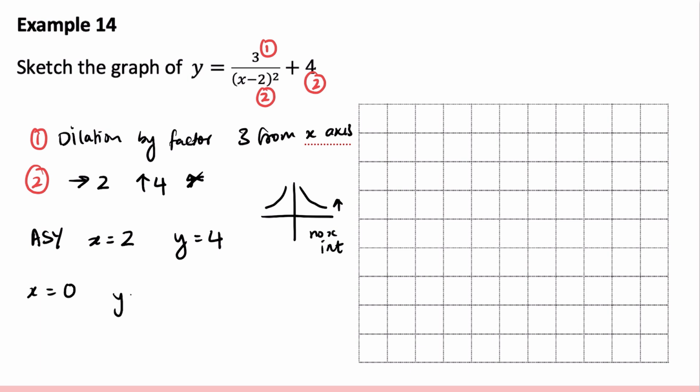So I'll just make x equal to 0. That'll be 3 on -2 squared, plus 4. So -2 squared is 4, and then 3 divided by 4 is 0.75, or 3/4. The reason I've just gone into decimal mode is to make it a little bit easier in terms of where it's going to be placed on my graph.